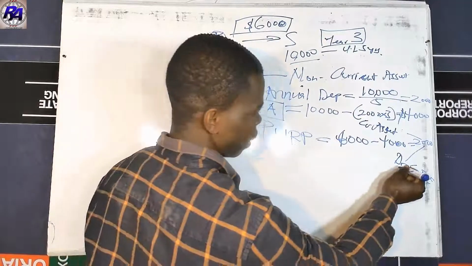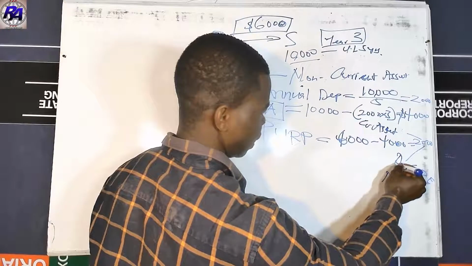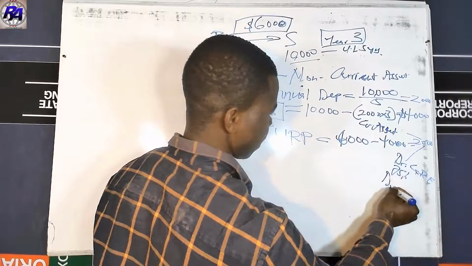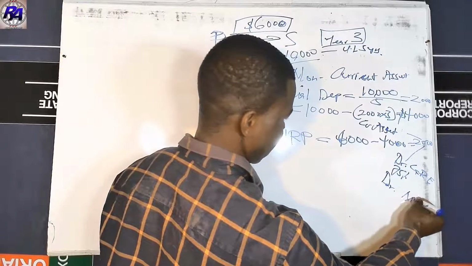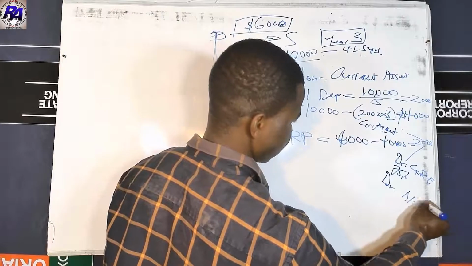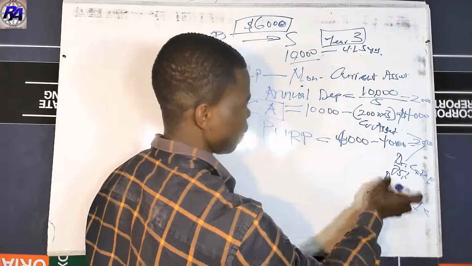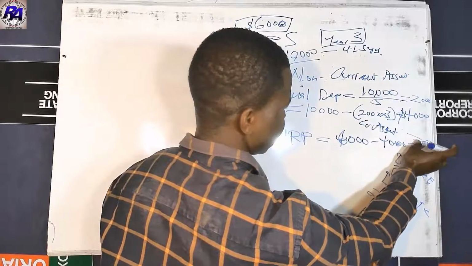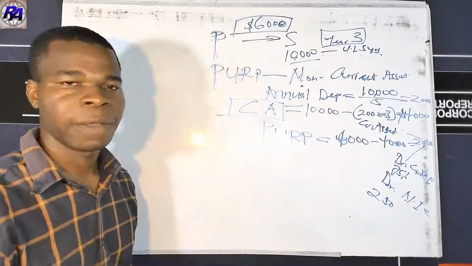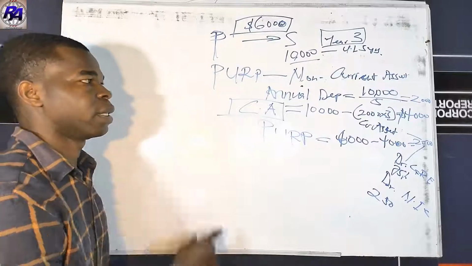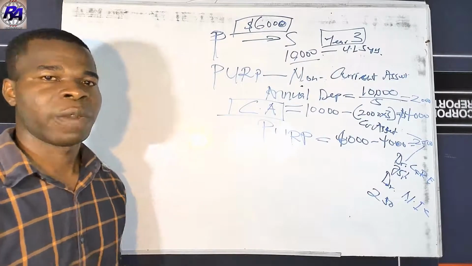So here the parent will take some, depending on the percent, let's say 75%, and then we still debit the NCI with the 25% of the same unrealized profit, because the subsidiary is the one selling. But remember that you will credit your asset with the same value. That is the first treatment when it is a sale of a non-current asset.